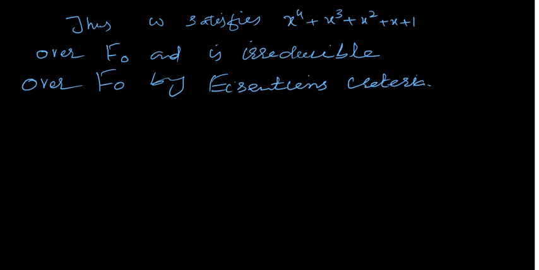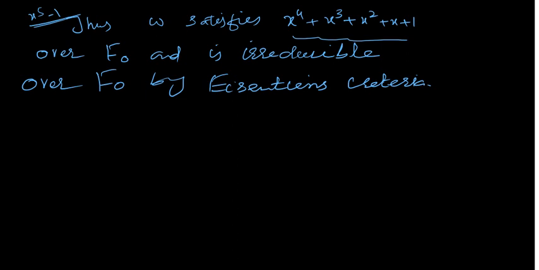So whenever we have an irreducible polynomial, and omega is the root satisfying this irreducible polynomial, but this one, x power 5 minus 1, is not irreducible because it has two factors. One is x minus 1 and second is this factor. This is not irreducible, but this one is irreducible.